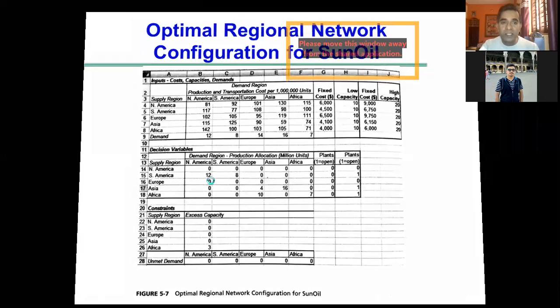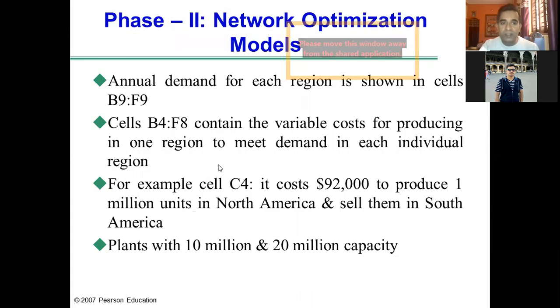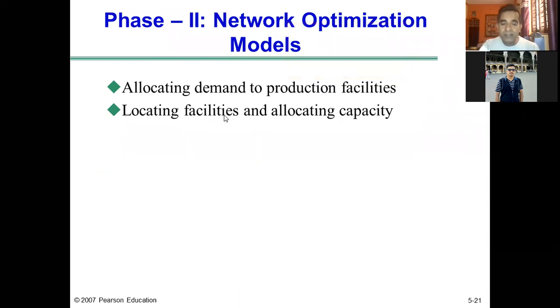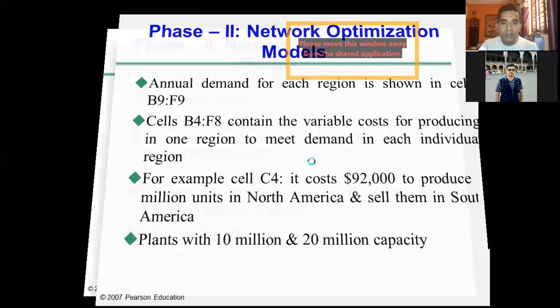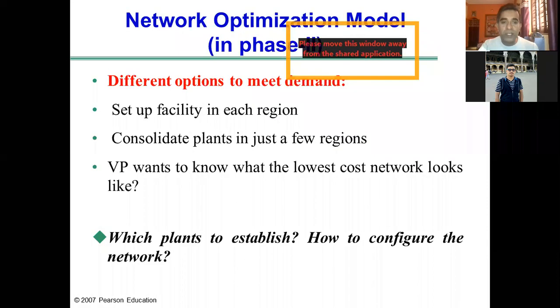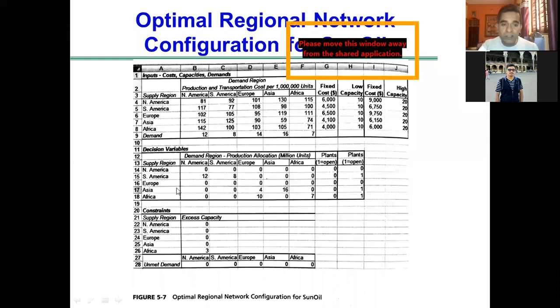Then the second decision, locating facilities. Then third is allocating capacity. The second decision was about locating the facilities, where the factories or facilities should be opened. So that is addressed here. One in South America, one in Asia, and one in Africa. Facility location decision is also made.